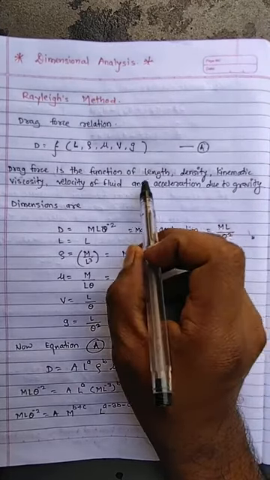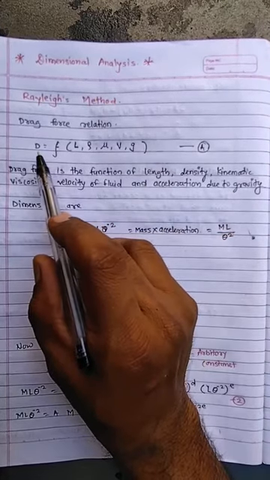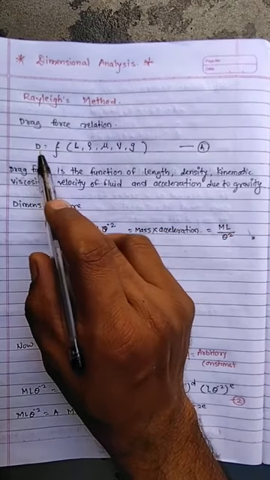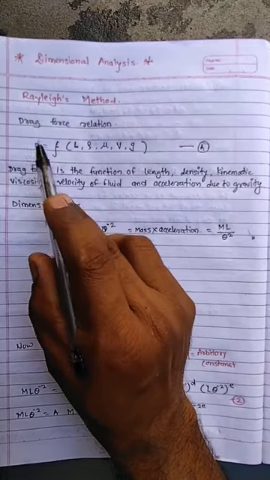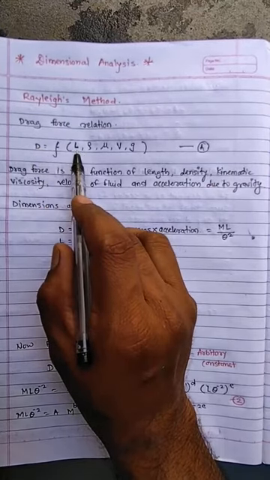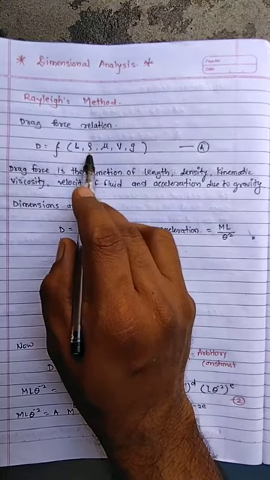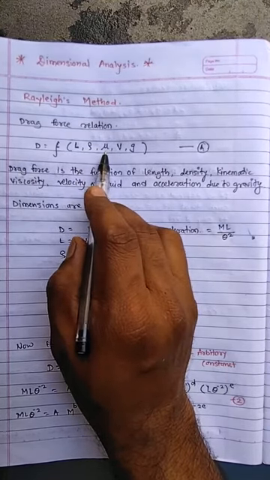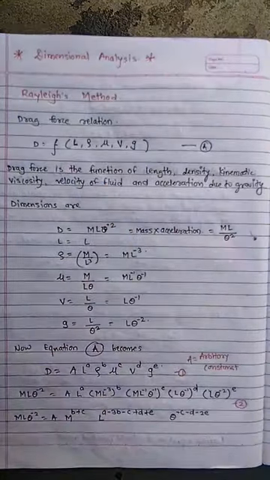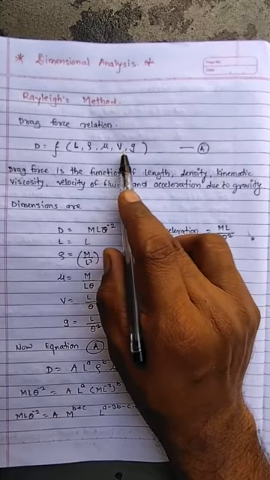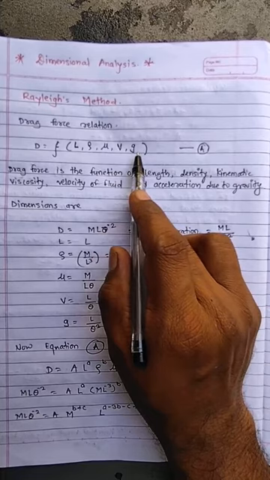Based on that, we have written down the expression: the drag force D is a function of L as length, rho as density, mu as kinematic viscosity, v as velocity, and g as acceleration due to gravity.